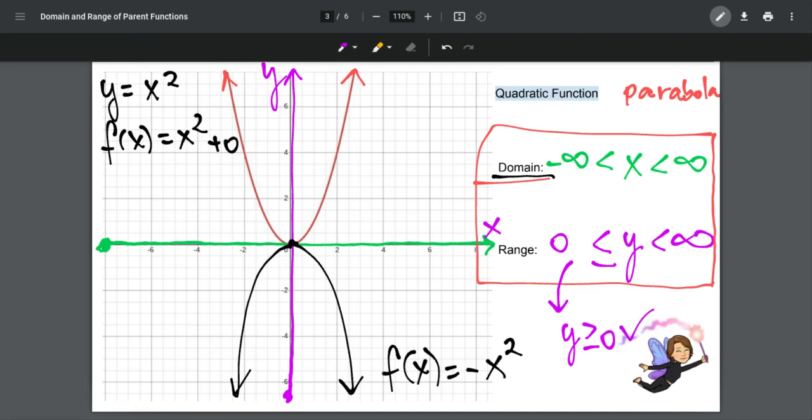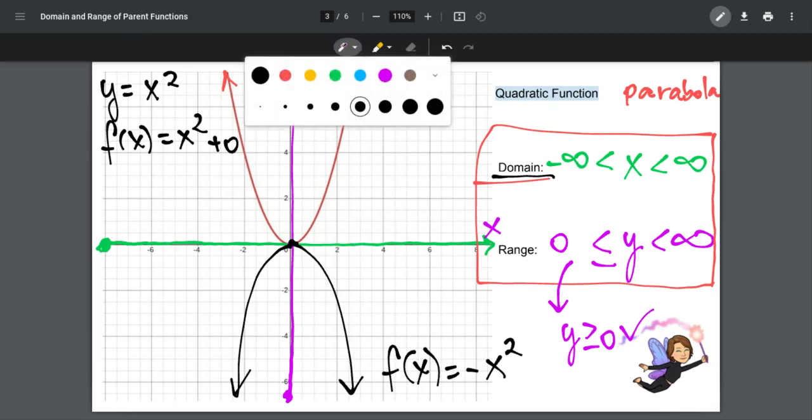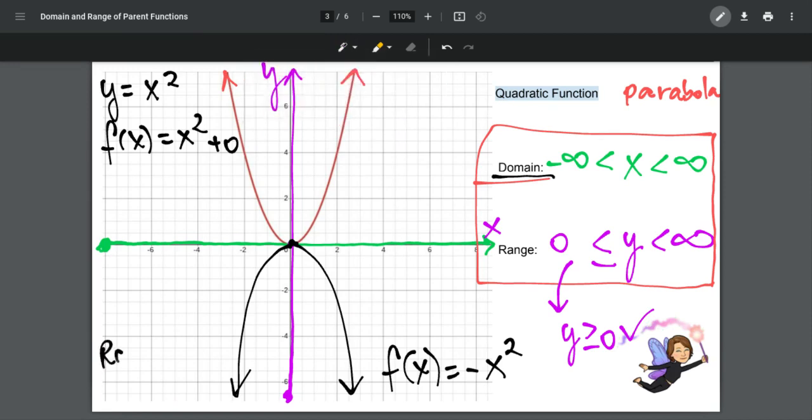All right, now for the black parabola, your range would start at negative infinity, people. Okay, so y would be greater than negative infinity, but less than or equal to 0. Which of course you can also write like this, and that's fine too. Okay, that's much for quadratic.